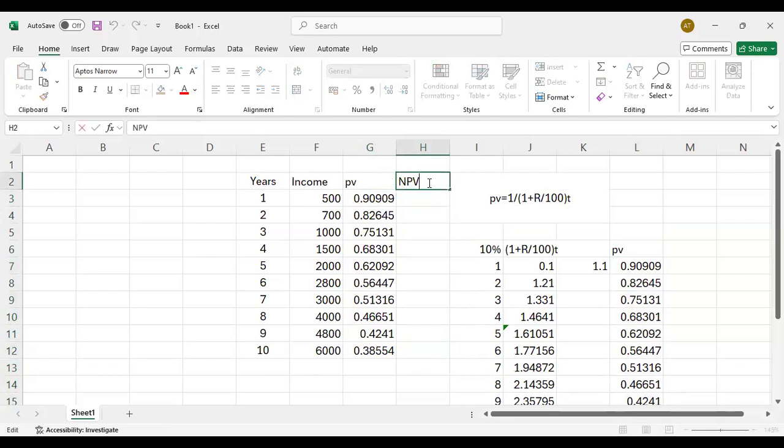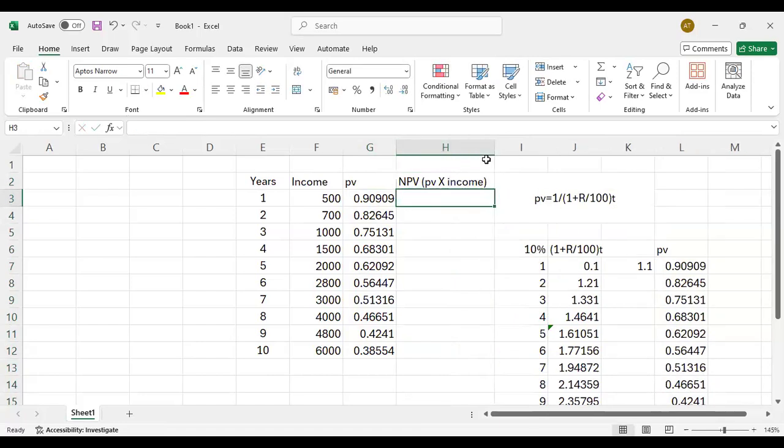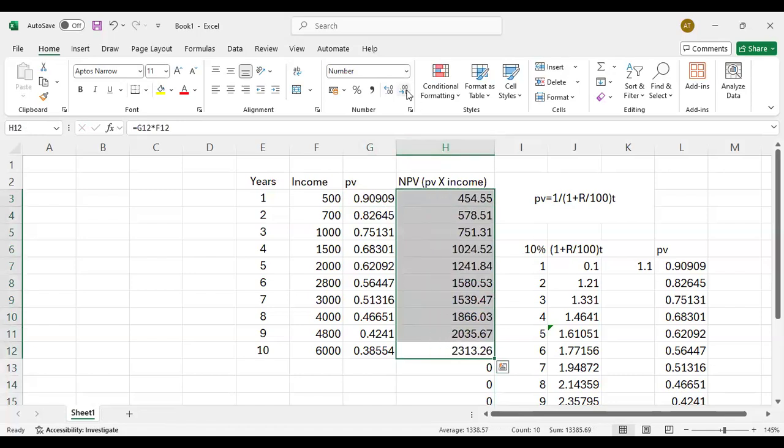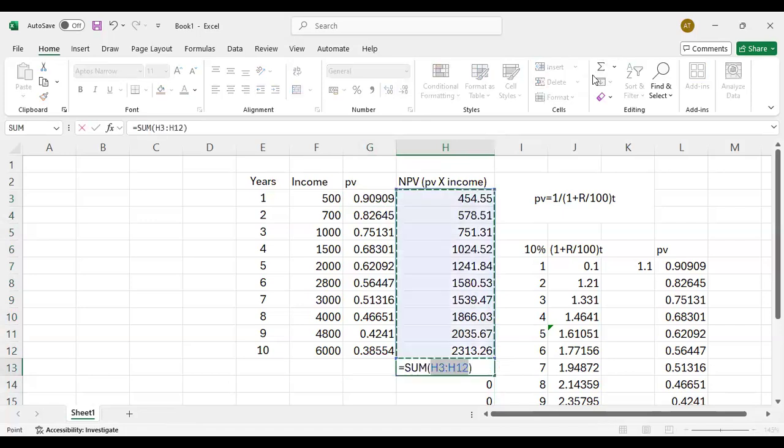NPV is nothing but PV factor into income. So this will be equal to this into income. So if I club together, I'll find out what is my income.